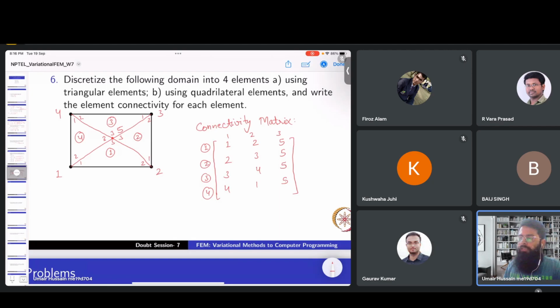Do you want me to demonstrate a little bit of Gmsh? What I can do is, I happen to have a Python code also, which can read your mesh file in Gmsh and generate the connectivity matrix and all that.